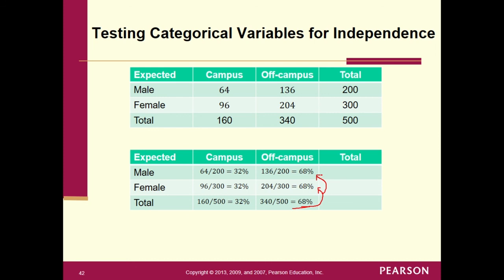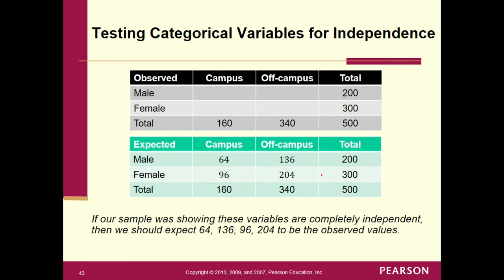Okay, so that's what happened here. For the expected cell counts, the row percentages are set to be exactly equal to one another. Meaning, this is our view, okay, of when things are completely independent.